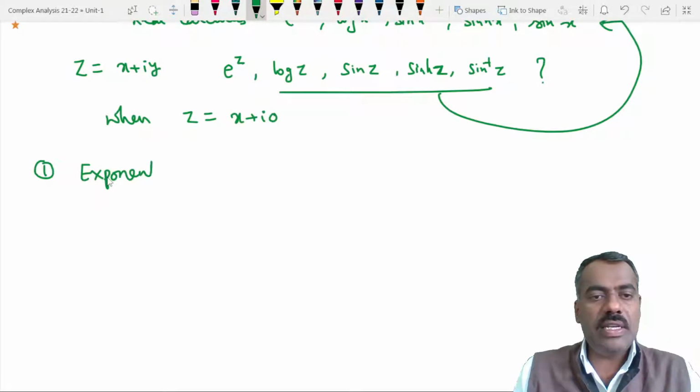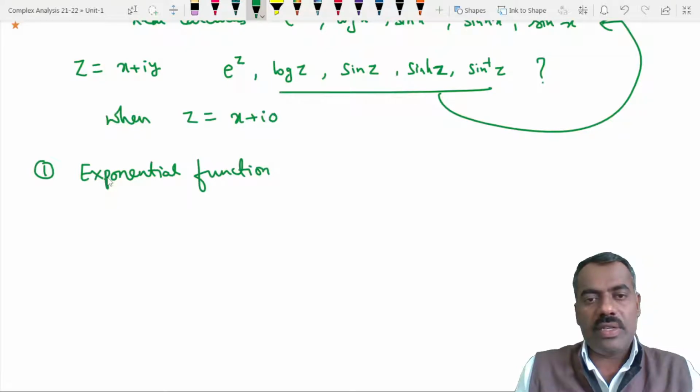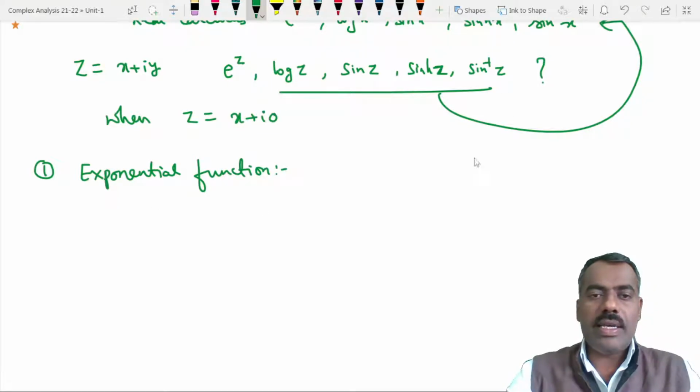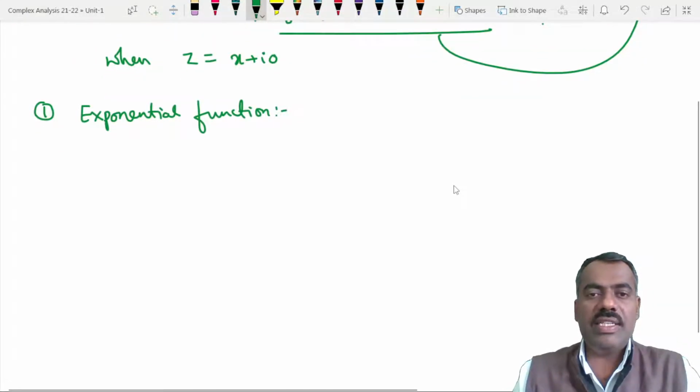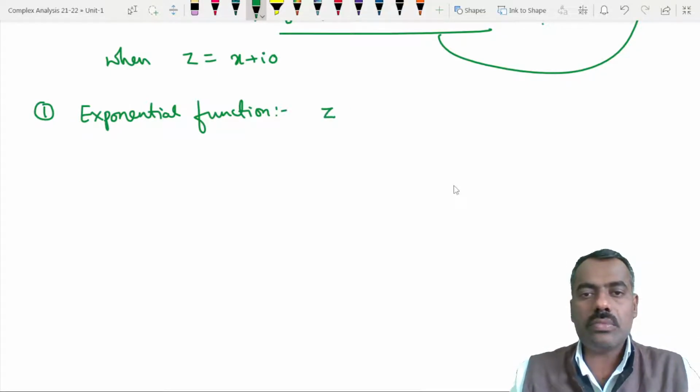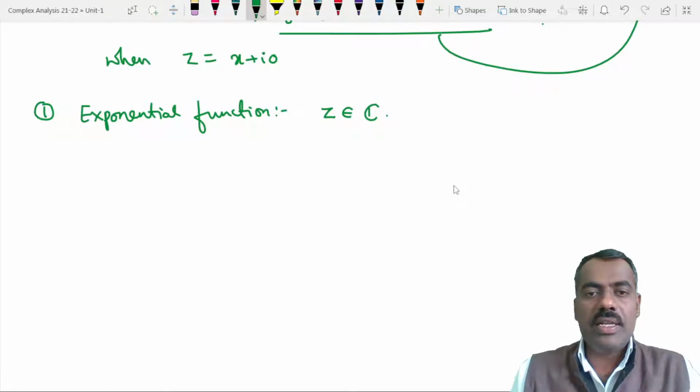So the exponential function. You take z, any complex number. Then we can write z in coordinate form: z is equal to x plus iy.